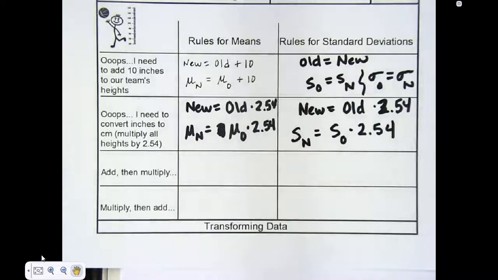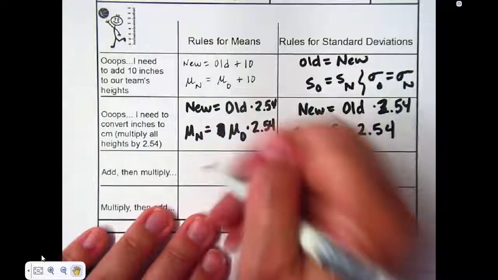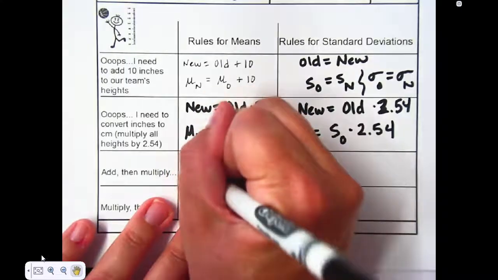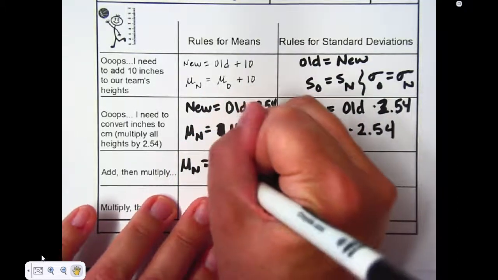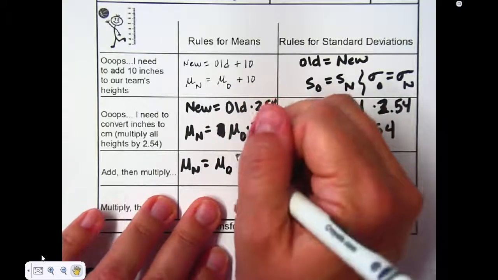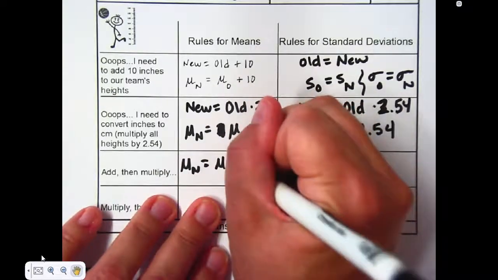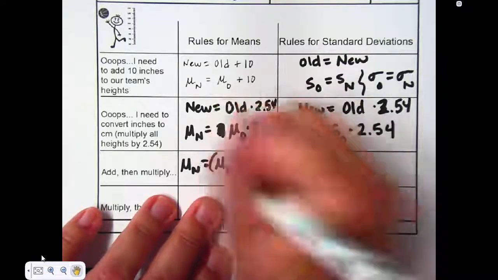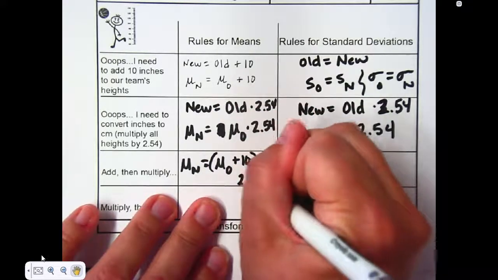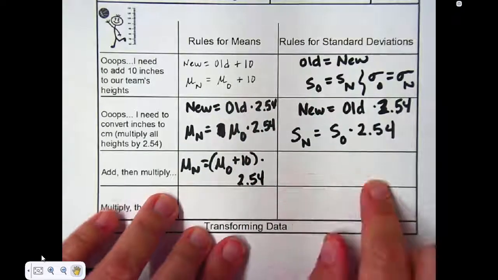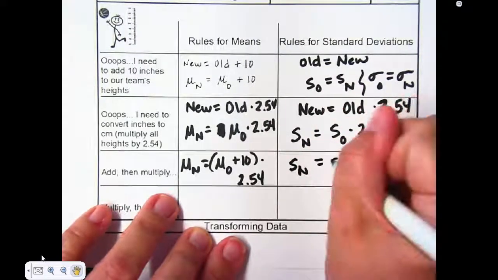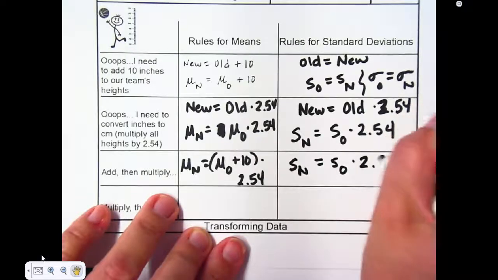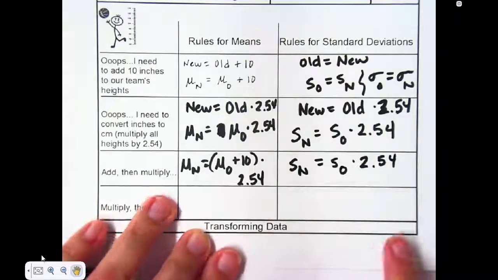Now, if I'm adding and then multiplying, my new would equal the old plus 10 times the 2.54. Now for this one, the adding wouldn't change the standard deviation, so I would just leave that out, but the old would be multiplied by 2.54.